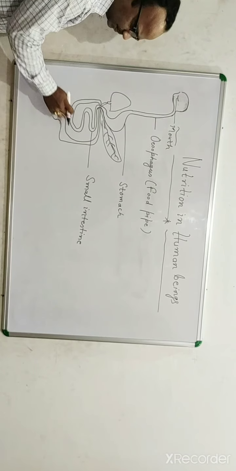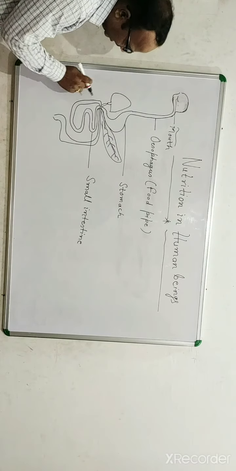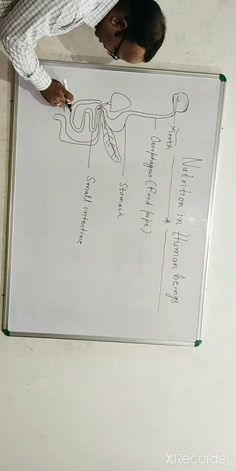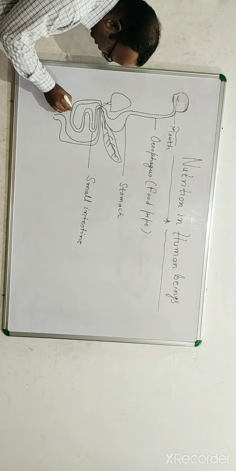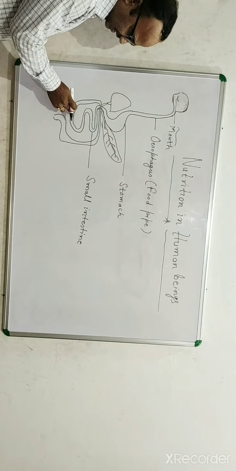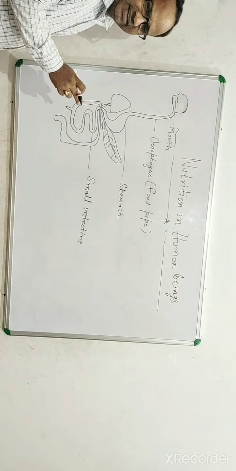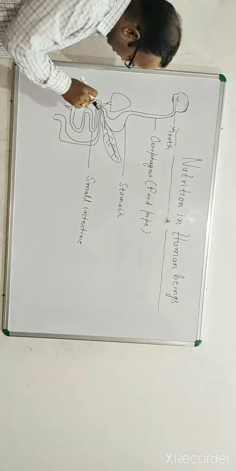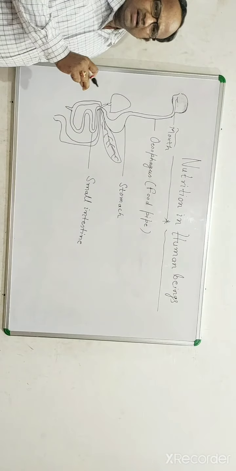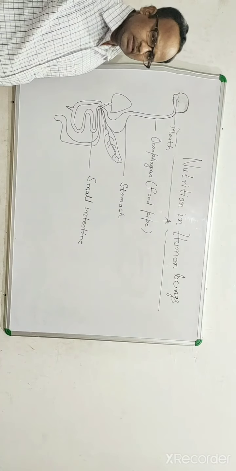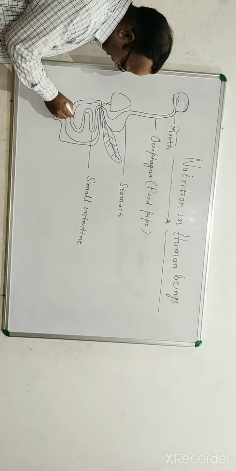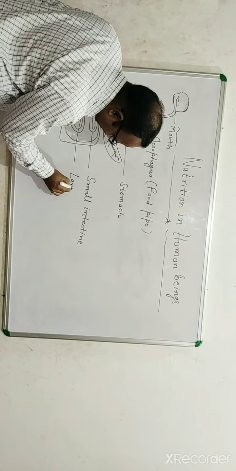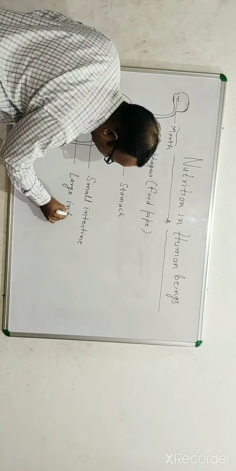Now this small intestine goes upward, horizontal, again downward, and there is a joining region between the small intestine and the large intestine. There is one special projection, a vestigial organ. The small intestine is continuous with the next part, the colon, called the large intestine.